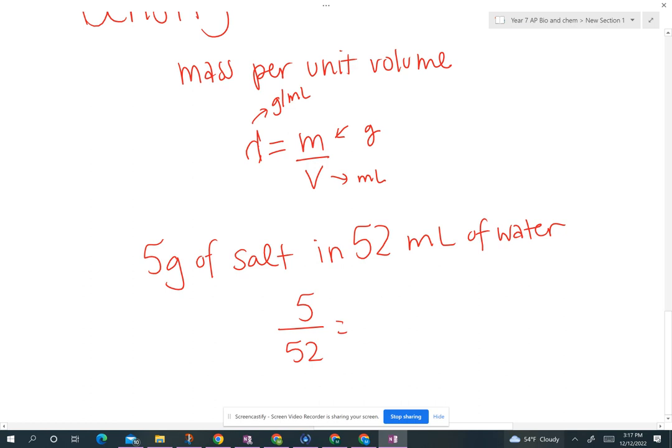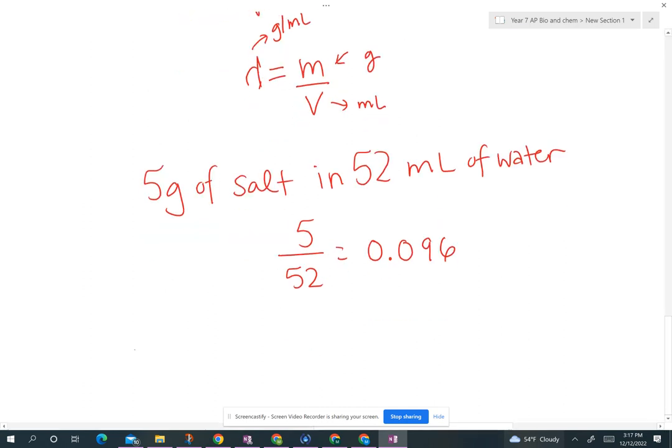If you're putting it in your calculator, remember that the number 5 goes in first, then you divide it by 52, and I would get 0.096.